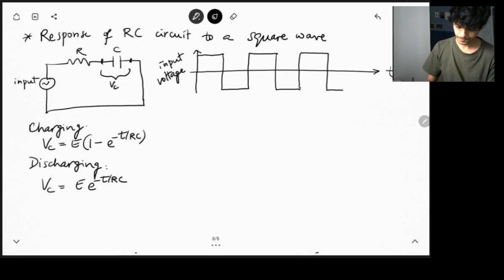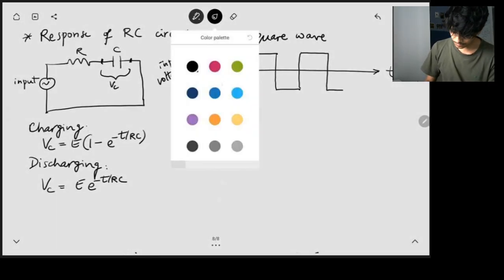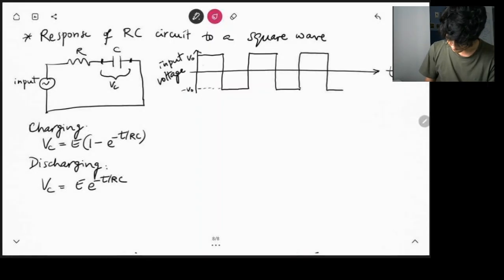It keeps going. So let's call this V0, and then this is minus V0. And the time period of this wave is T. So this is T by 2.